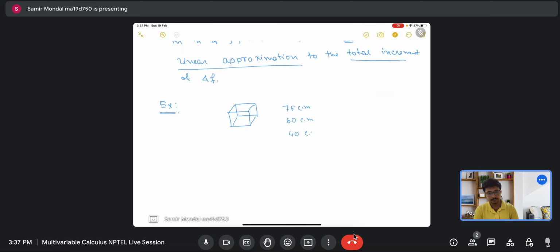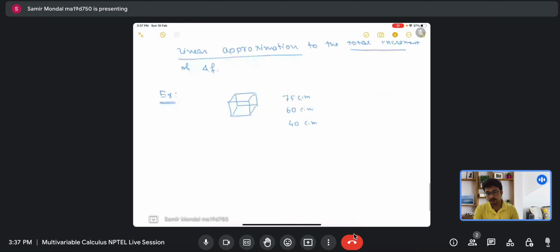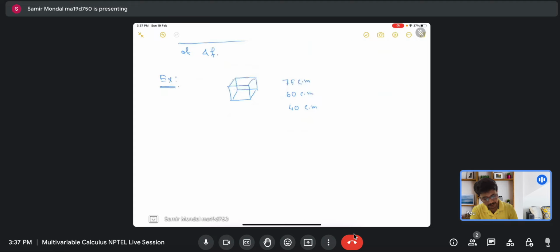This is given, and another thing is also provided, that each measurement is correct within 0.2 cm.